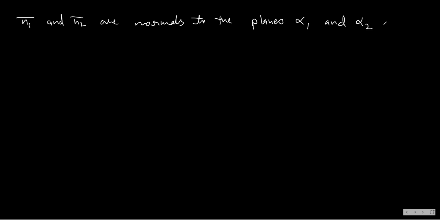So see here, I will write n1 bar and n2 bar are normals to the planes alpha 1 and alpha 2 respectively. Equation of alpha 1 is r bar dot n1 bar equals p1.